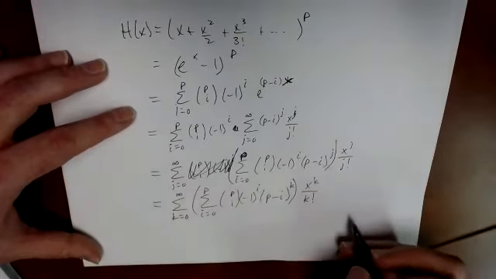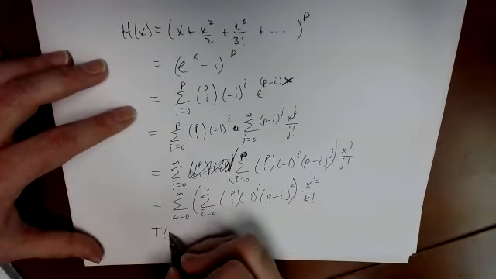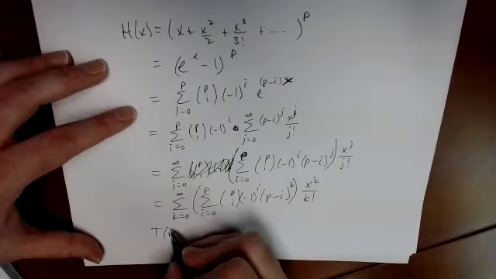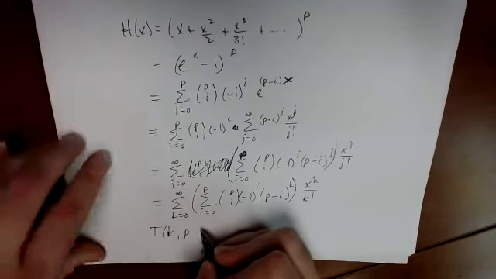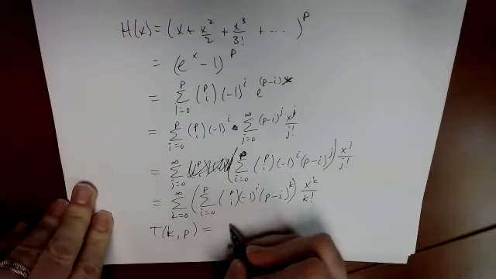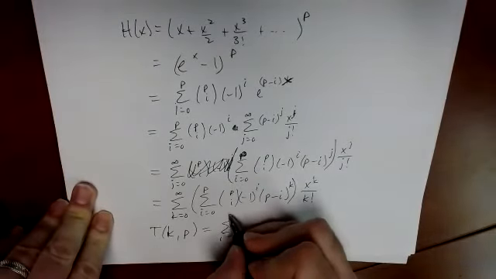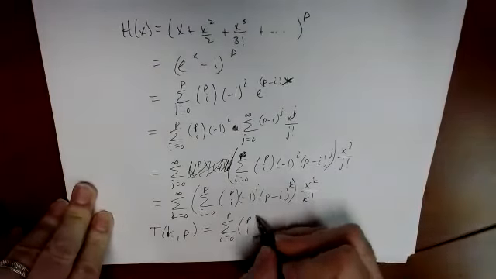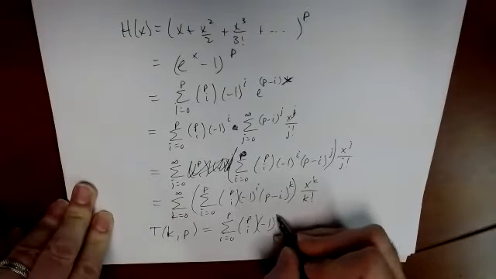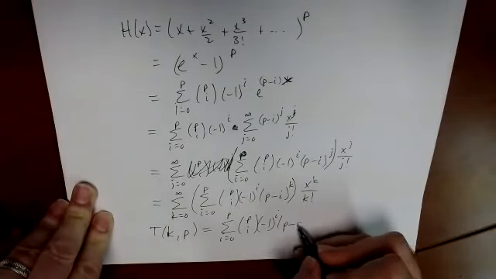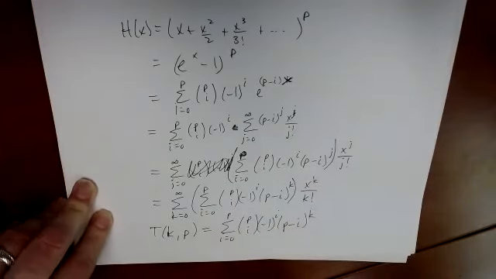Now this guy here is T of k comma p, the sum as i goes from 0 to p of p choose i, minus 1 to the i, p minus i to the k.